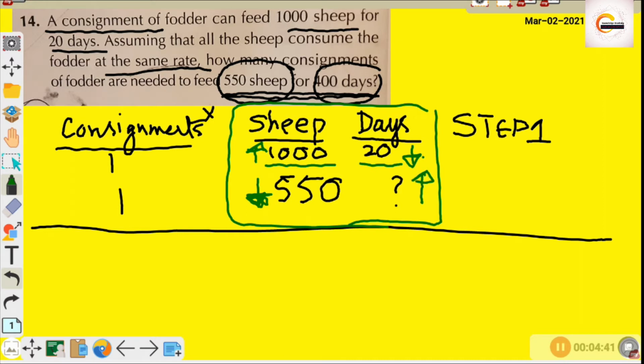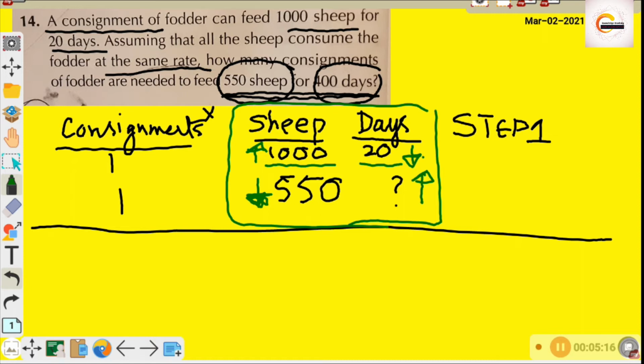We have discussed this in the previous question, the relationship of inverse proportion and direct proportion, how to figure it out. So 1000 sheep, as compared to 550 sheep, will consume fodder in less days, rather than 550 sheep, because they are less, they will consume the fodder in more days.